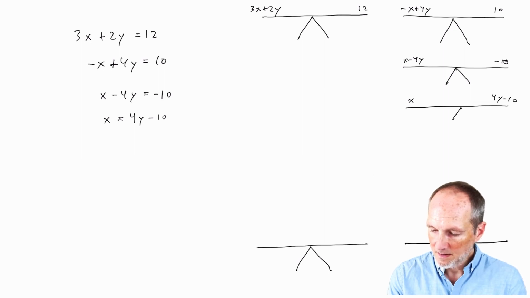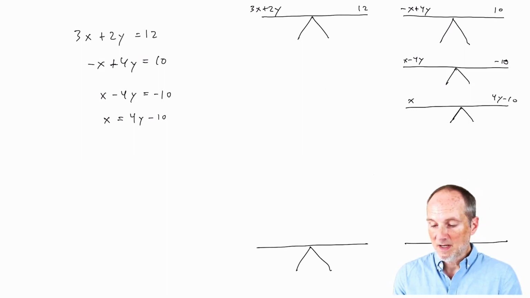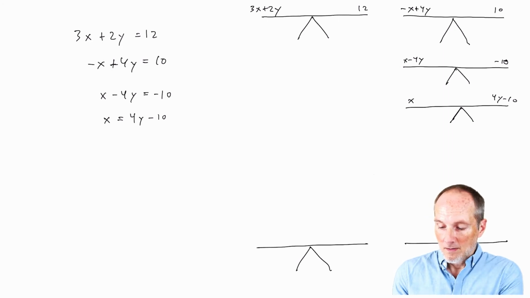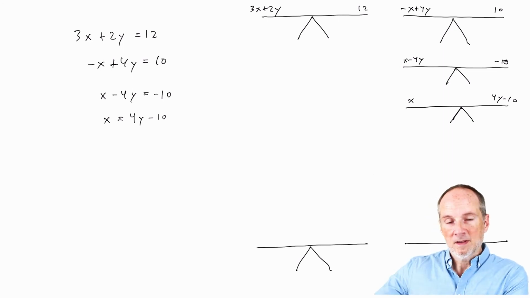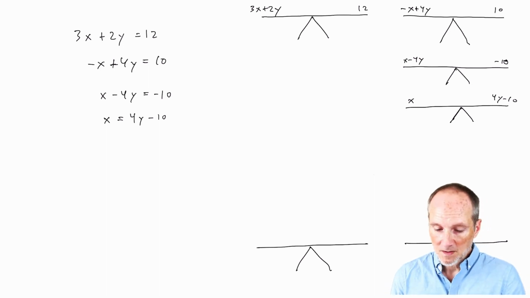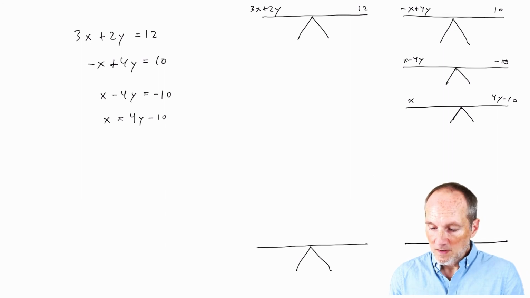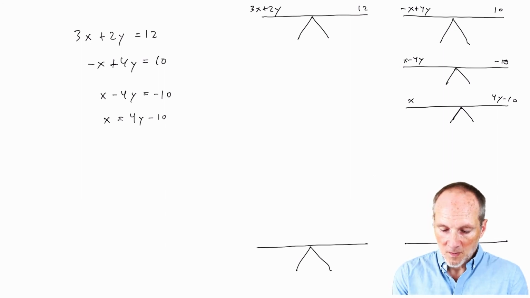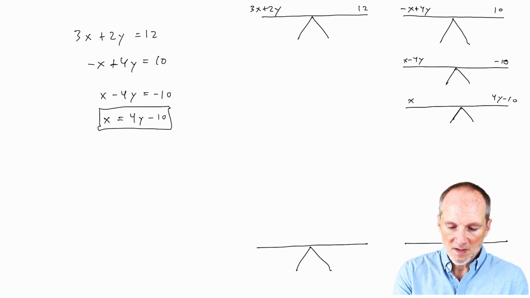Notice that we're not done. We haven't solved for x because, while x is by itself on one side of the scale, on the other side it's not just a number, it's an expression that involves y, and we don't know what y is. So what we're going to do is take this expression for x and substitute it into our first equation.